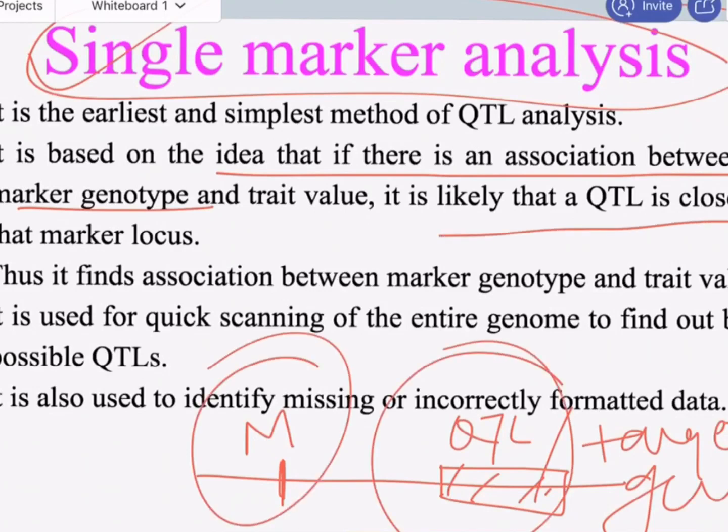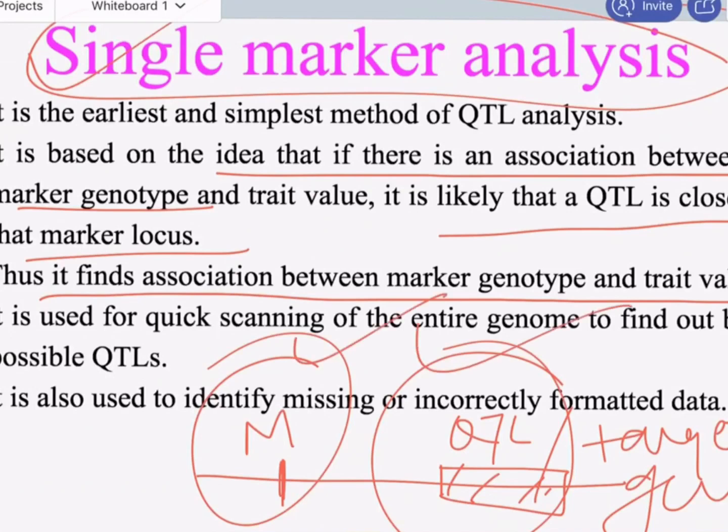It is likely that a QTL is close to the marker locus. Thus, finding the association between marker genotype and trait value is used for quick scanning of the entire genome to find out the best possible QTLs. This type of analysis is also used to identify missing or incorrectly formatted data.